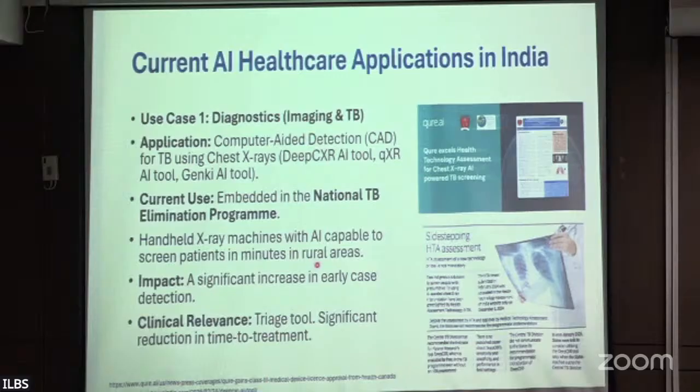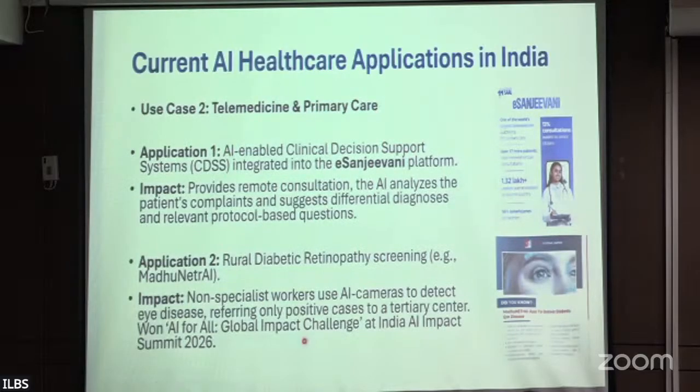So it gives screening for remote access for TB, which is very prevalent. There are a lot of tools available: Deep CXR AI tool, QXR AI tool, Genki AI tool. So this is a triage tool for remote TB screening.